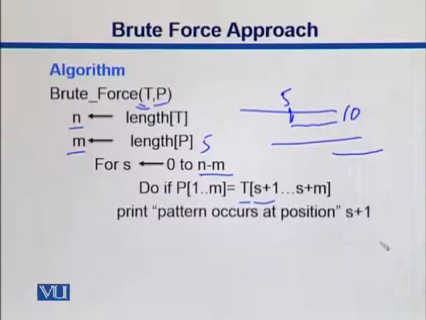So it's 0 plus 1, that is, the first nucleotide is compared, and we compare till the last nucleotide of the pattern. If we find an occurrence of the pattern, we can say that the pattern occurs at position s plus 1. Since we are starting our loop with 0, that's why it is s plus 1.